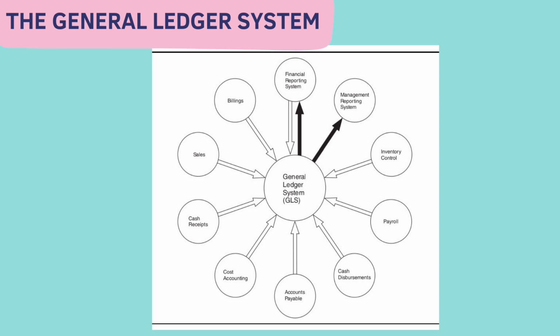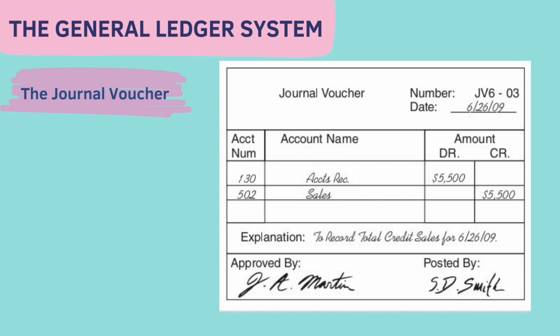So, additionally, the GLS provides data for another system called the Management Reporting System or MRS. This system is for internal reports used by the organization to make decisions. Journal vouchers serve as essential tools in the accounting process, enabling organizations to document financial transactions accurately and comprehensively.